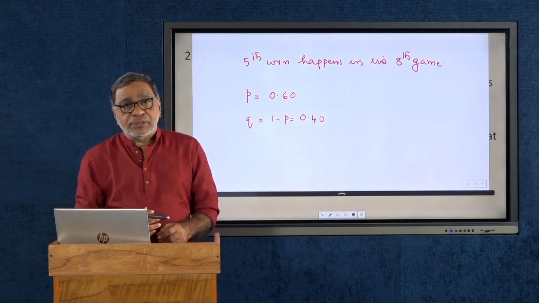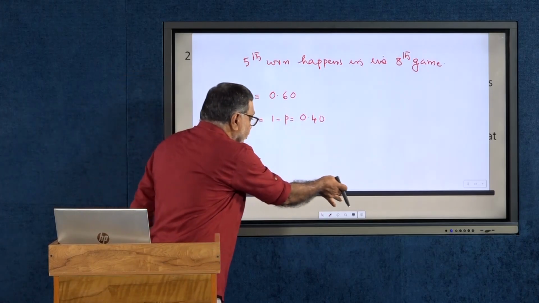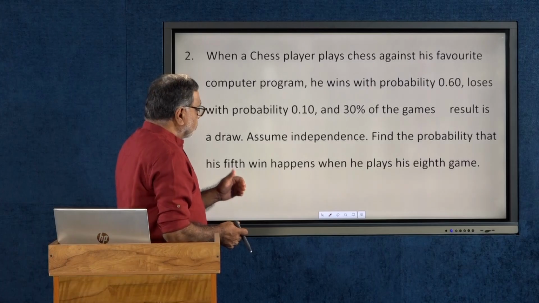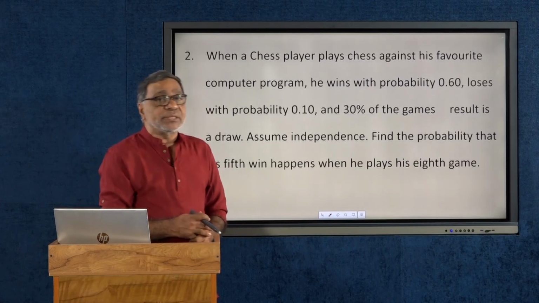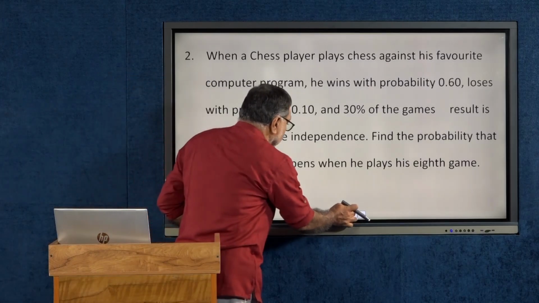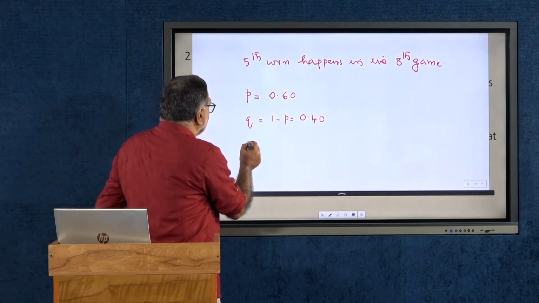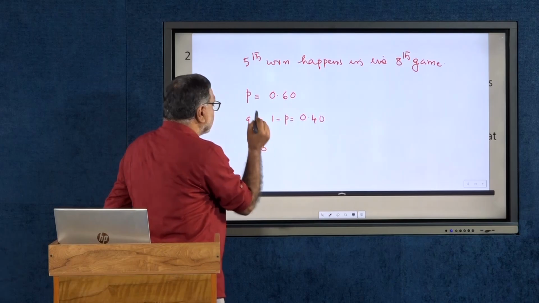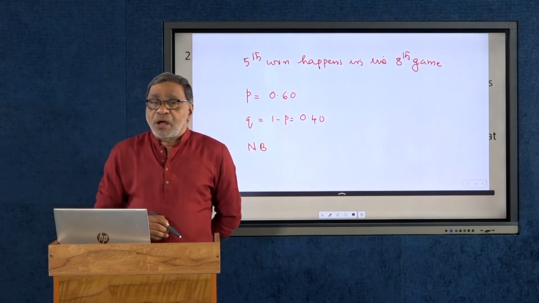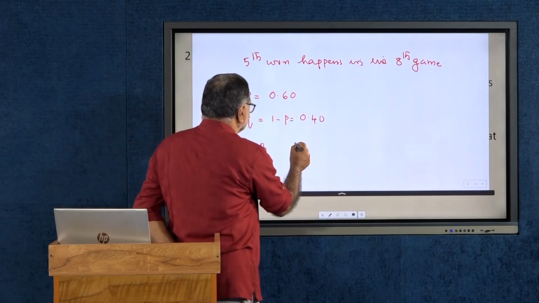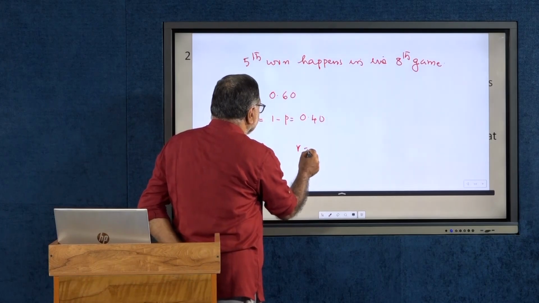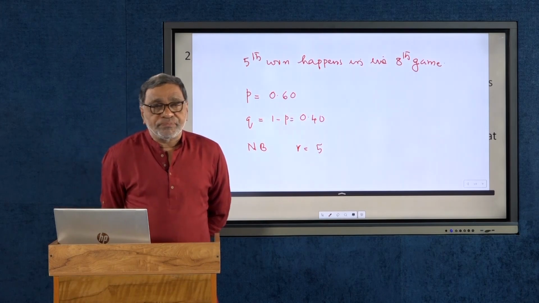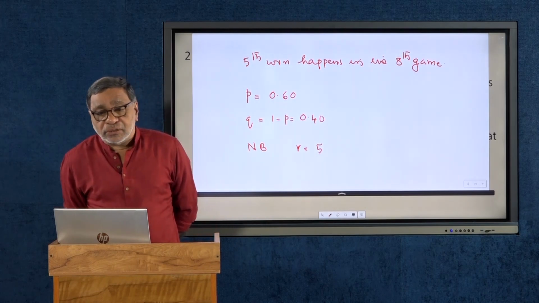So what is our problem? Find the probability that the fifth win happens when he plays his eighth game. We know, if the negative binomial distribution is considered, what is r here? r is the number of successes. So for the fifth win, the number of successes is 5, and r is equal to 5.